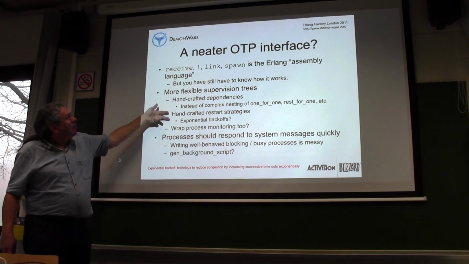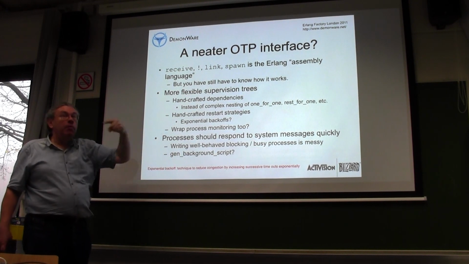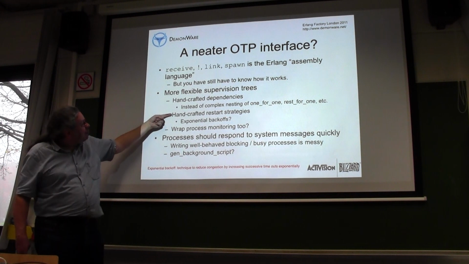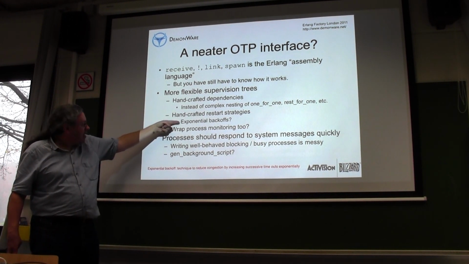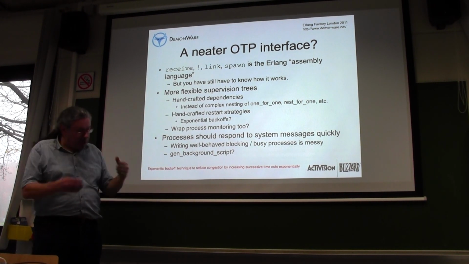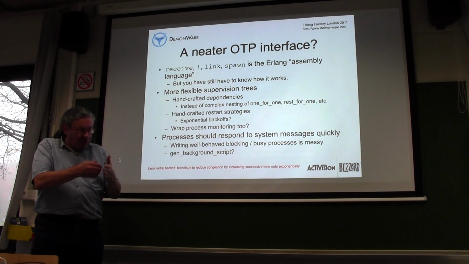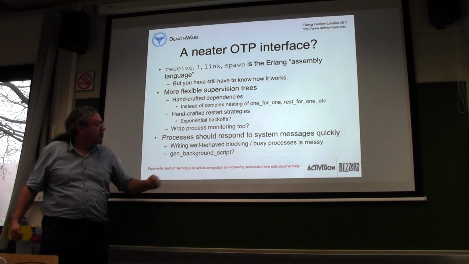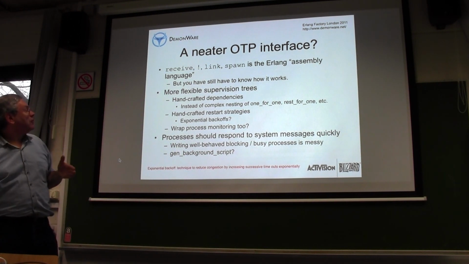They want better restart. Remember I said the thing restarts a certain number of times? They want improvements, like exponential backoff. Exponential backoff means that whenever you restart, you wait a little bit longer, or you multiply the time. This can reduce congestion.